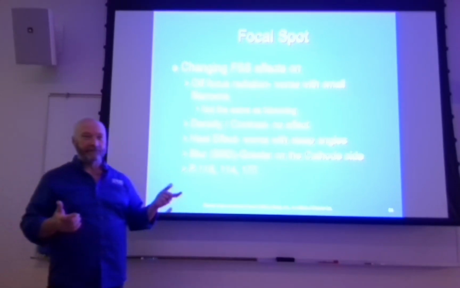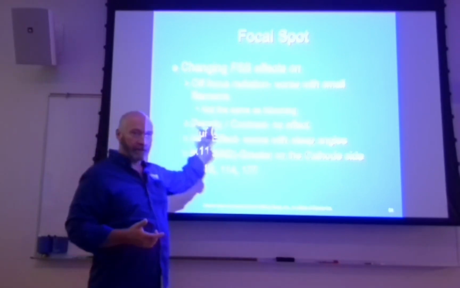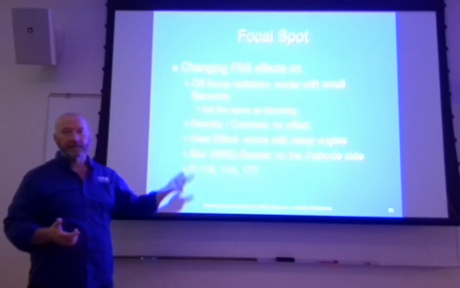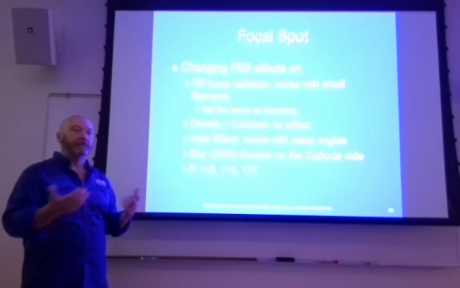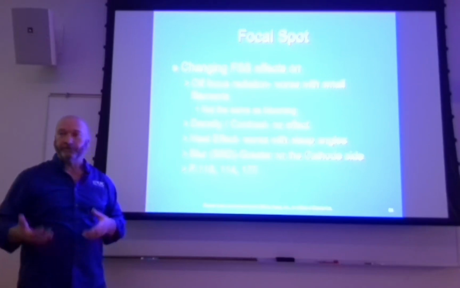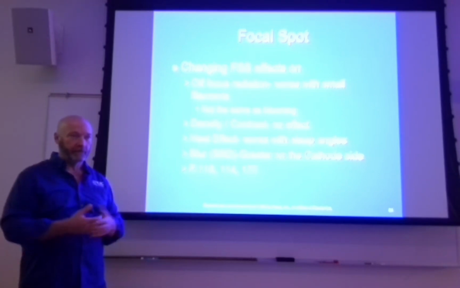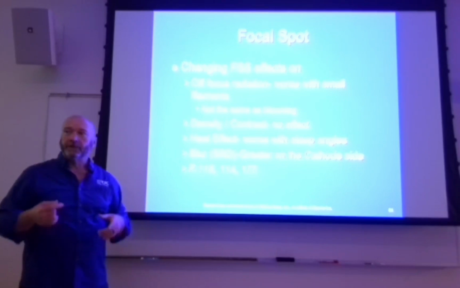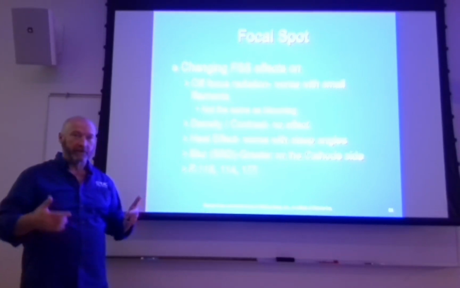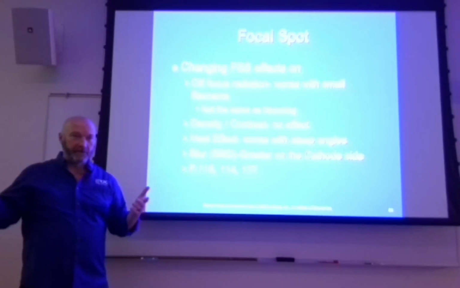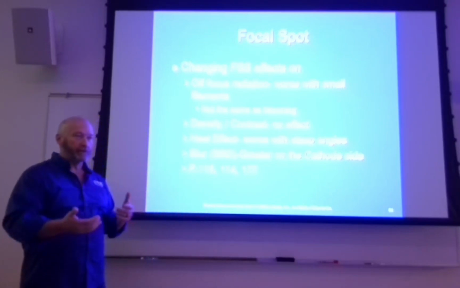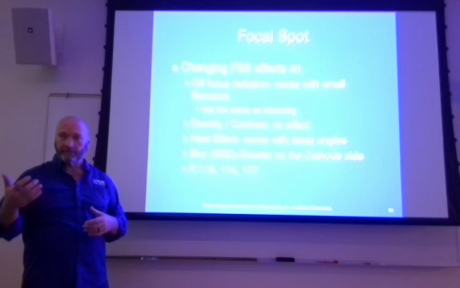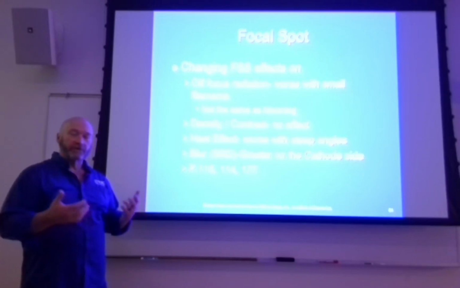So by the strictest definition, that would be off-focus radiation. But that's not really what we're going to call it. We're just going to call it an increase in effective focal spot size, actual focal spot size, because of ballooning of the anode. Okay. Off-focus radiation are those bouncing electrons. They hit, they bounce off, they're still attracted to the anode, so they re-accelerate towards the anode, and then they create X-ray photons somewhere aside from the focal track. Okay, so there's a few of those.